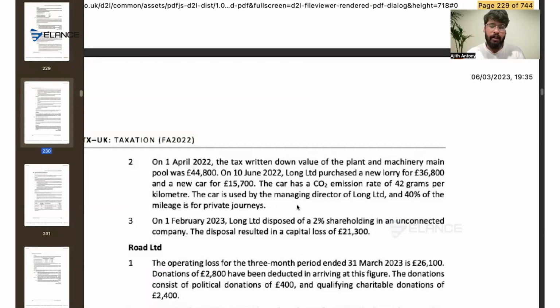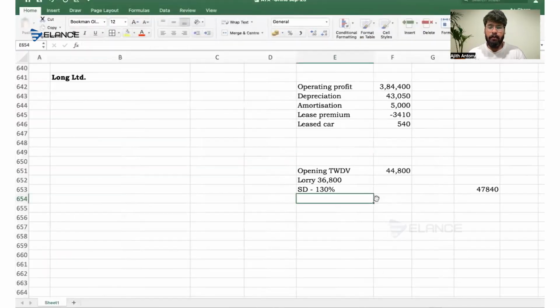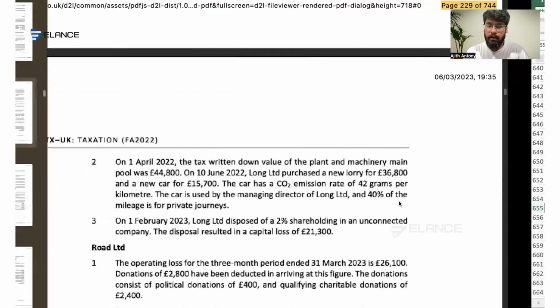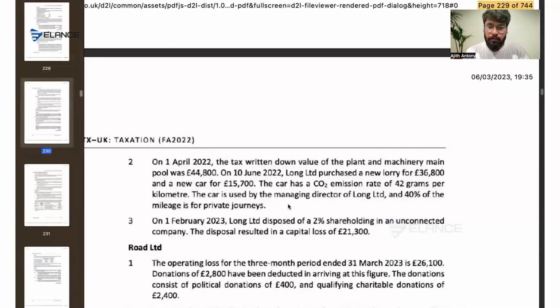The car will never get it, and this car is not eligible for getting the FYA because the car had a CO2 emission of 42. Okay, so the whole amount of the car's price, 15,700, will fall under the main pool.